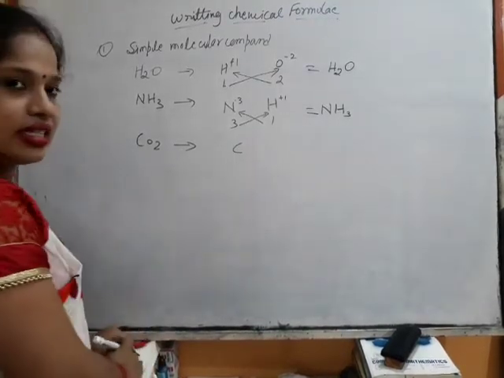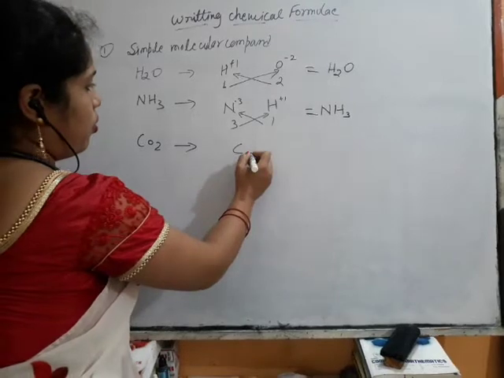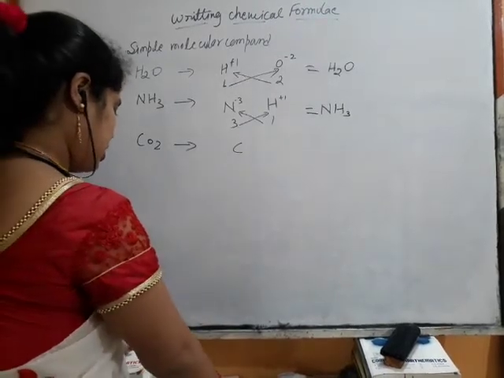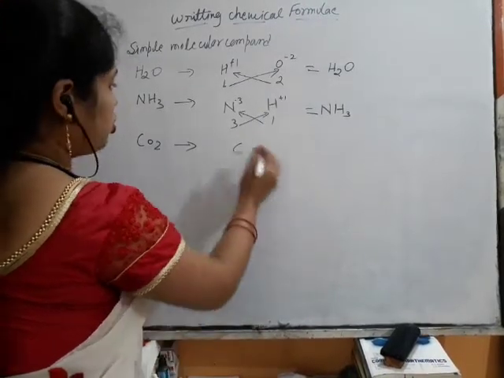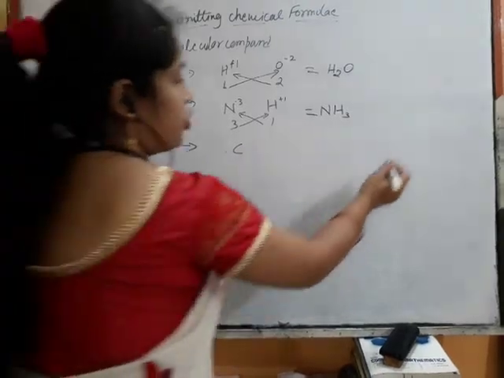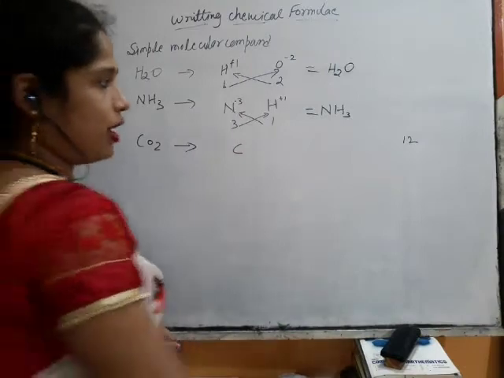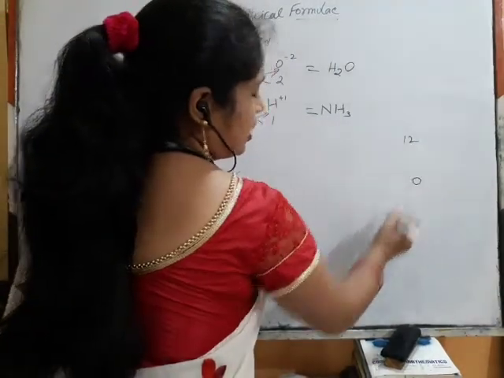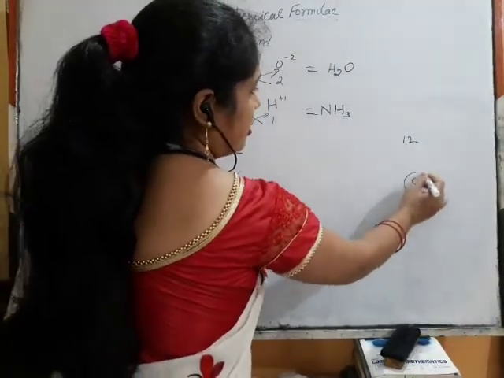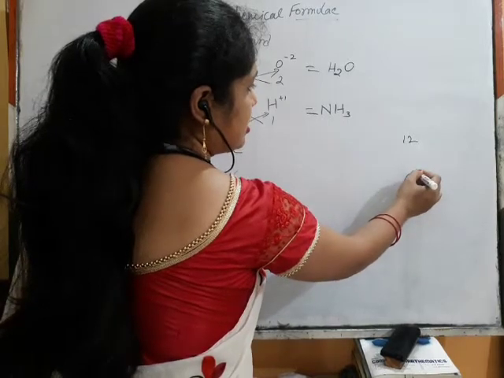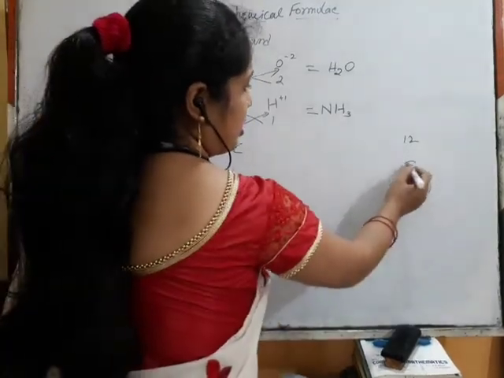Let us see what the valency of carbon is. The atomic number of carbon is 6. As I told you, this is the nucleus. The first shell's maximum capacity is 2.